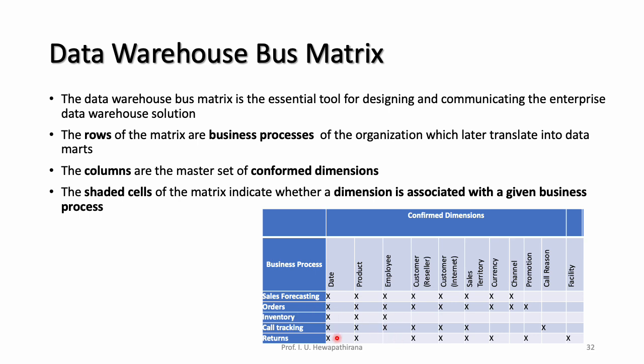Likewise, you can see some dimensions are associated with multiple business processes. So these are conformed dimensions. But you can see these two dimensions are associated with only one business process. There can be dimensions like that also. So it is easy to have the bus matrix created first before building the dimensional model when there are multiple business processes like this.